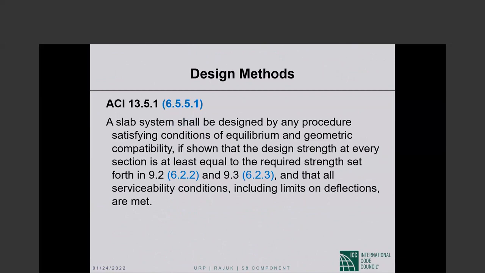Okay, a slab, so now it is design method. A slab system shall be designed by any procedure satisfying conditions of equilibrium and geometric compatibility if shown that the design strength at every section is at least equal to the required strength. Okay? And that all serviceability conditions, including limits on deflections, are met.